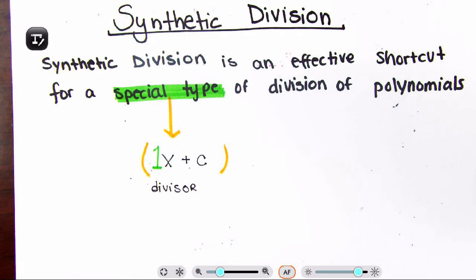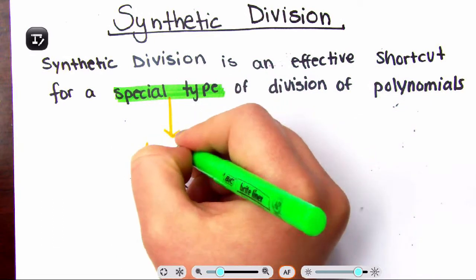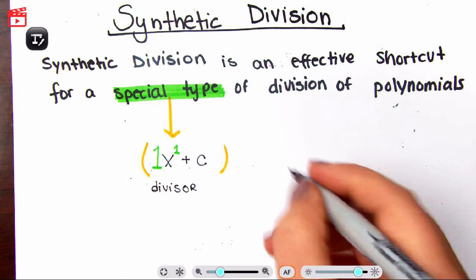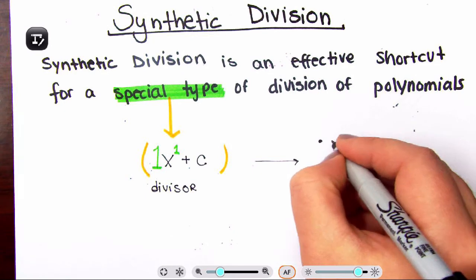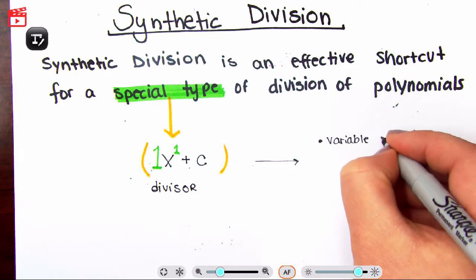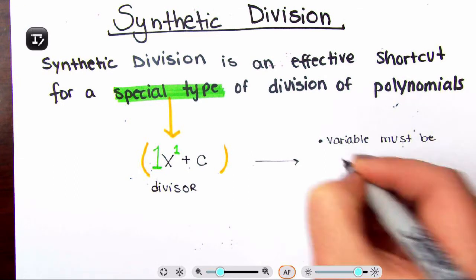So here's the thing. Not only does it need to have a coefficient of 1, it also has to have the power of 1. So let's write this out. What are the requirements? The variable must be to the first power.